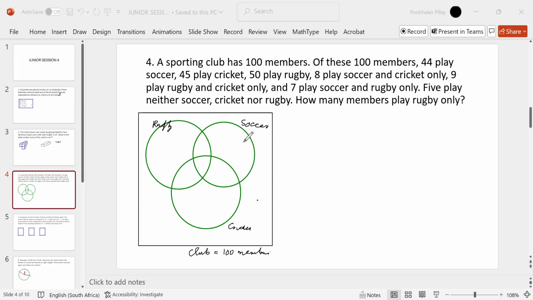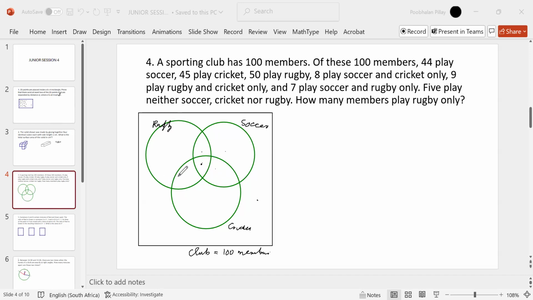Let's just analyze this. Each circle is divided up into 4 segments. Now, if you look at a point here, this point is in all 3. That one, that one, that one. That means all the people here play rugby, soccer, and cricket.